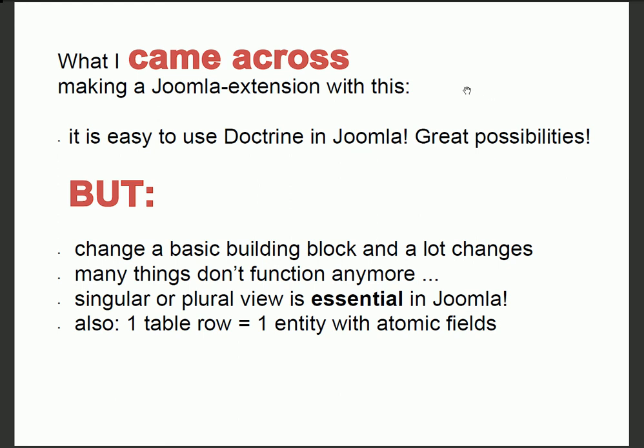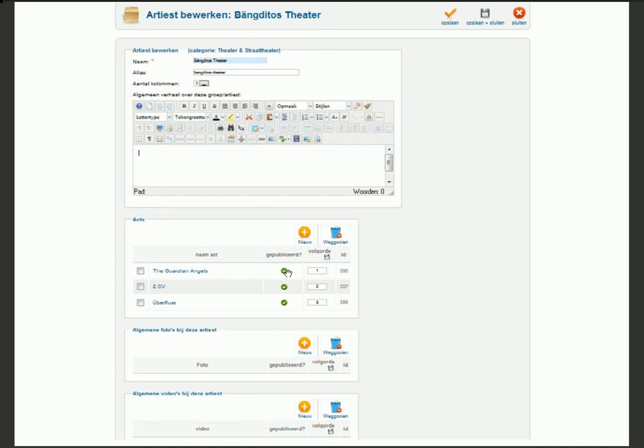Like, for instance, here, those published fields and ordering fields, because you have multiple listings and you can only have one listing in the normal way. Those toolbars don't function anymore because they don't know what to throw away if you click on something here or something there.